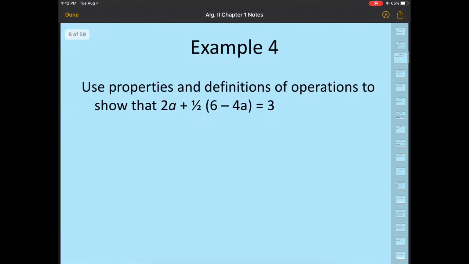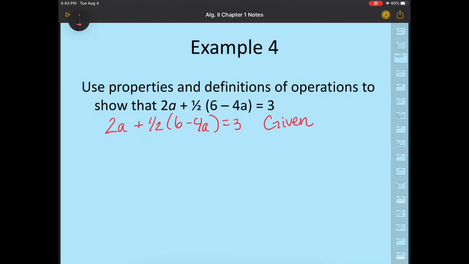So with example 4, here we're going to be using the properties and definitions of the operations to show that this expression equals 3. So first what I'm going to do is just go ahead and rewrite this. So 2a plus 1/2 times the quantity 6 minus 4a equals 3. And again, that was given to me.